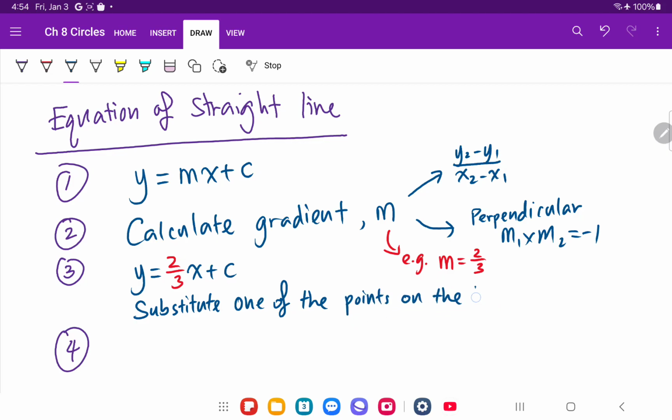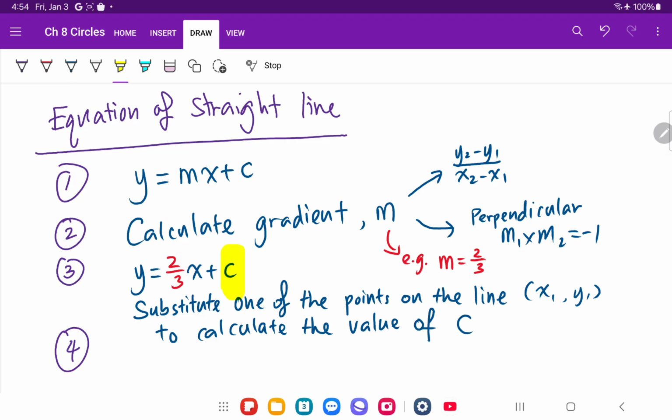Okay, and the question should have given you some information. Substitute one of the points, the x1 and the y1, into the formula to calculate for the value of c. Okay, so eventually you have to find the value of c.